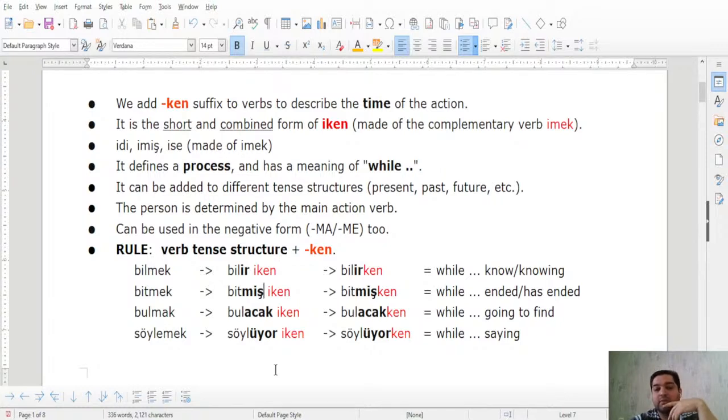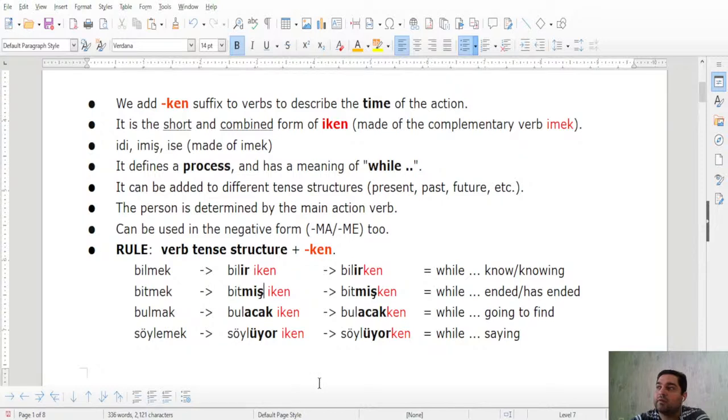No, we usually say bitmişken, not bittiken. It is the reported past tense ending. O gitmişken. O gittiken is something very abnormal. You will not hear that thing. Let me think of whether I have heard it in my life at all.